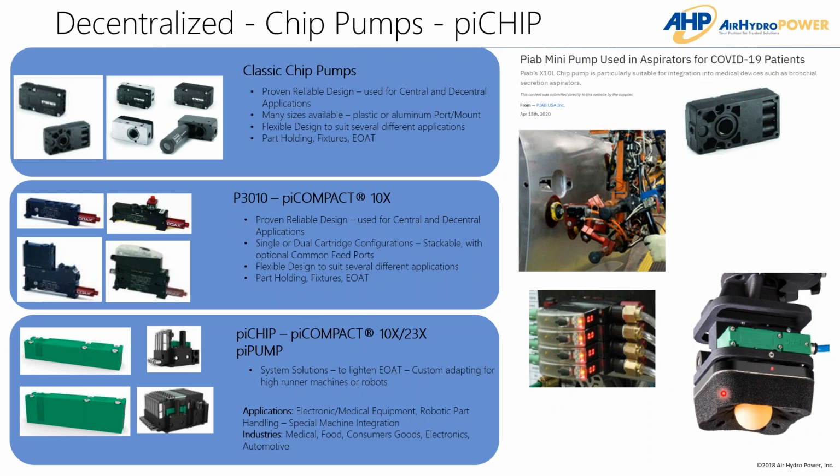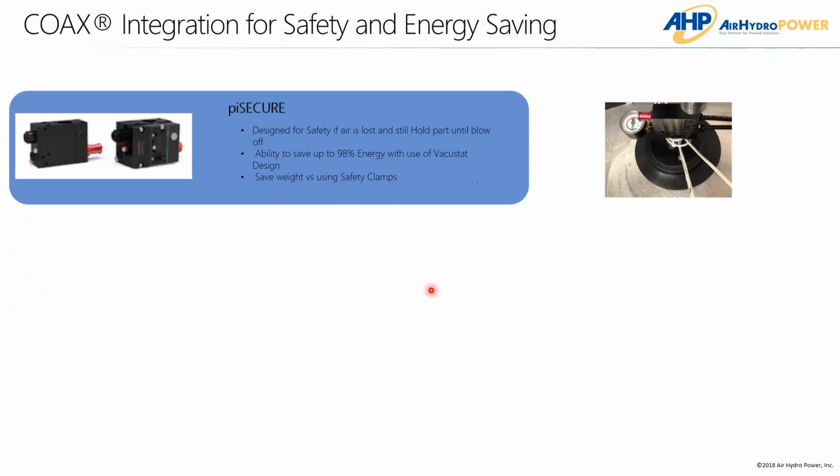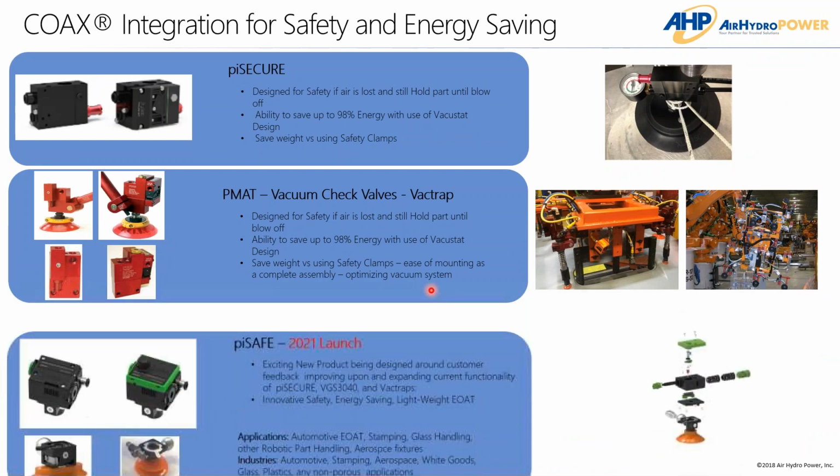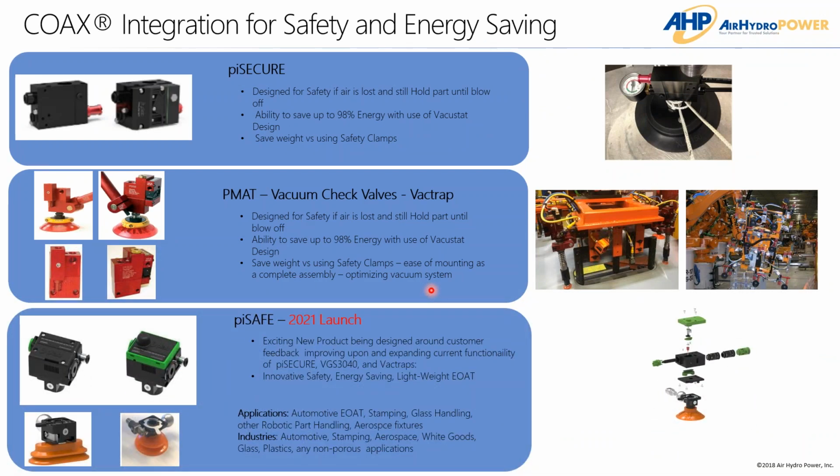And of course over here, you see their series for attaching to collaborative robots with the foam. And then here is just a little snapshot of all the options that Piab has come up with to focus on the safety and energy saving aspect of vacuum systems.